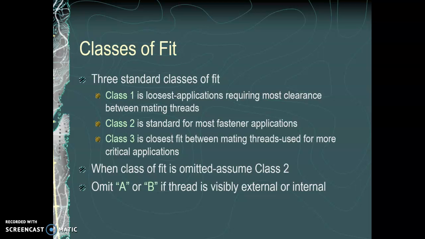And Class 3 is where you need a very close fit between the threads, the external and internal threads. And if you don't see anything labeled at the end of the hole specification, you can assume that Class 2 is what is being used. And also, the A or B, which indicates internal or external threads, is oftentimes pretty obvious, and so is not always specifically mentioned in the hole specification.